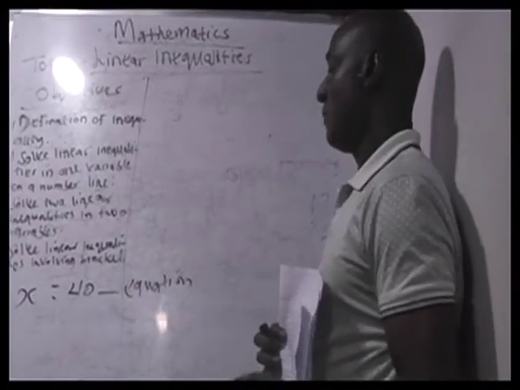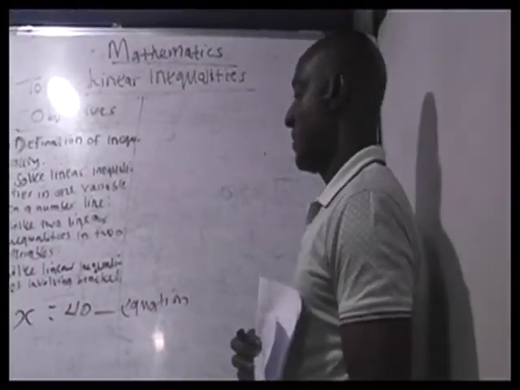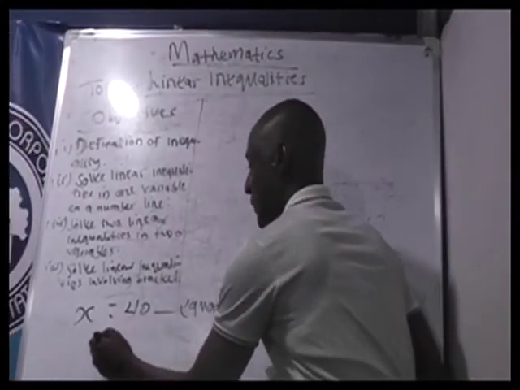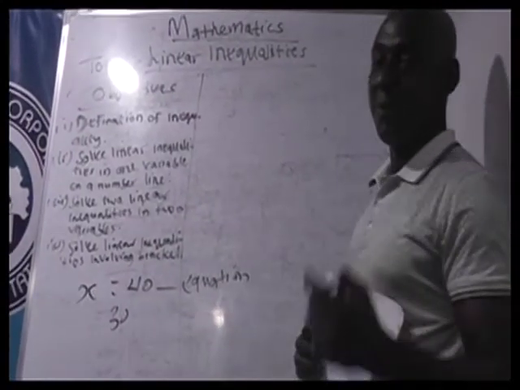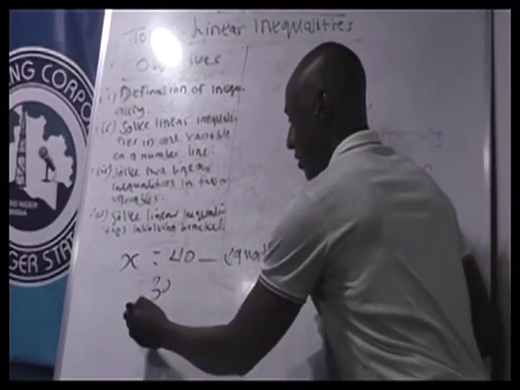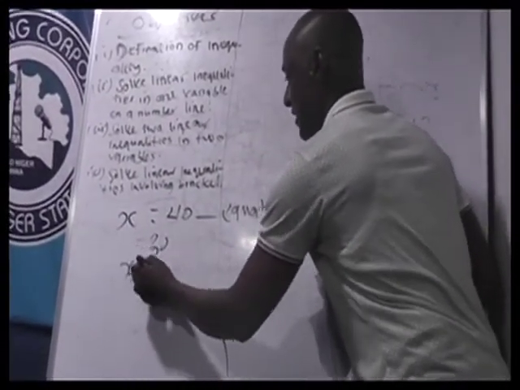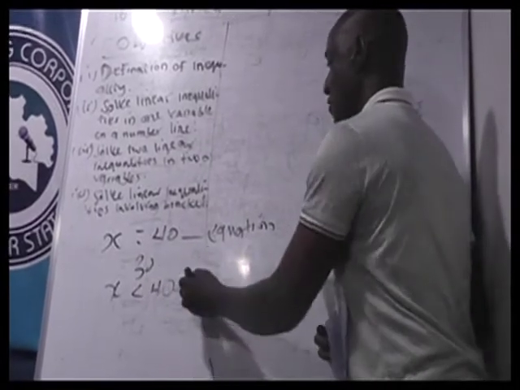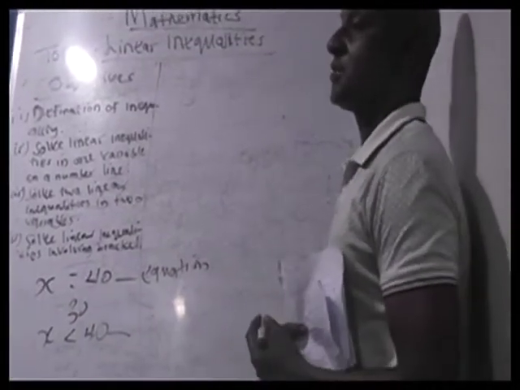And again, if I have 30 people inside the box, I will have X less than 40. X now is less than 40. This is what we call inequalities.